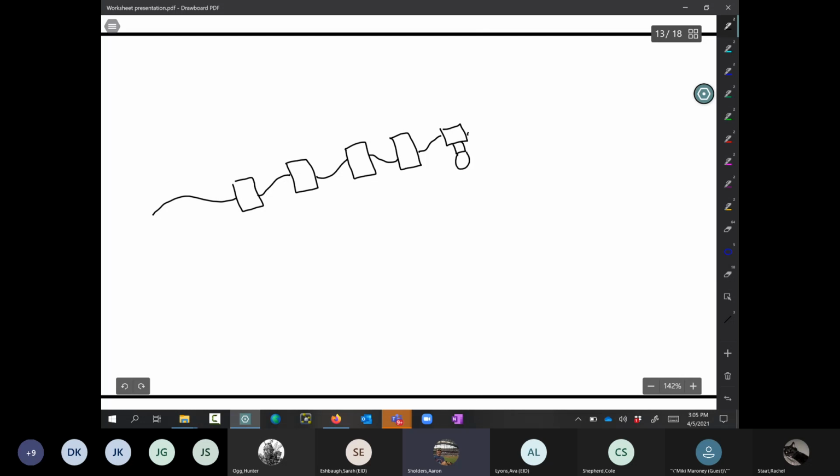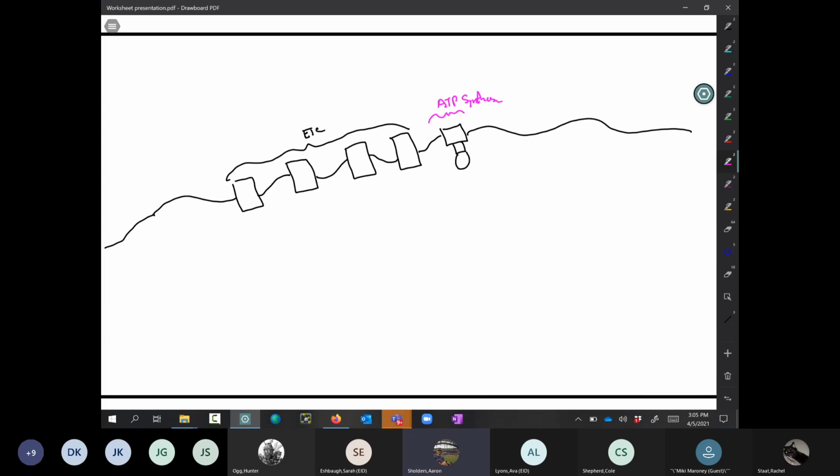When we say these things are coupled, we mean that this portion, the electron transport chain, can't run without ATP synthase, nor can ATP synthase run without the electron transport chain. They're codependent. That's what we mean by coupled.